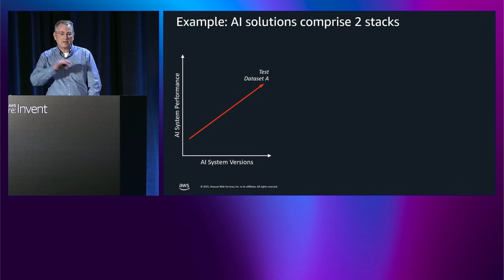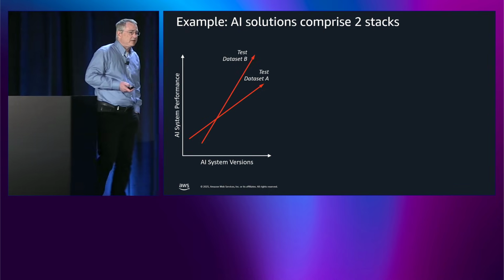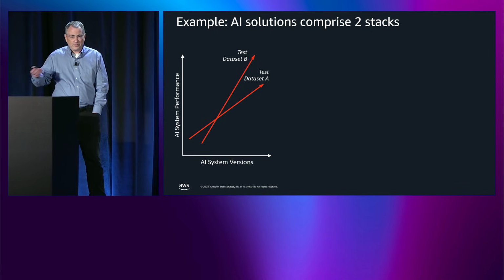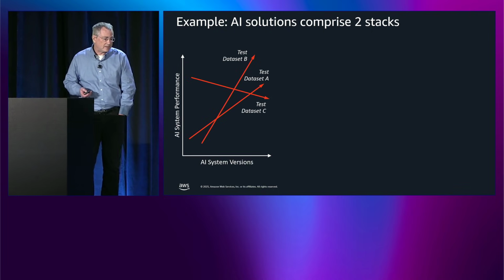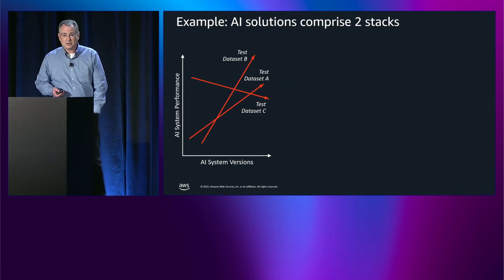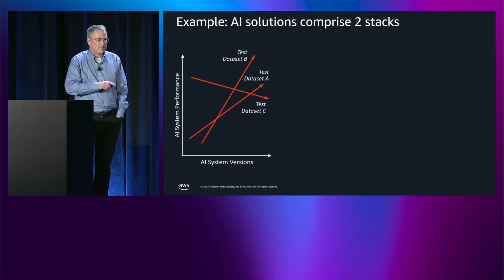You test it on some data set, maybe you get this kind of performance, but you test it on a different data set, you get a different performance trajectory, right? You test it on a third data set, and maybe it's going down altogether. Right? So performance is a function of the system and the evaluation data set. It is not a function of the system by itself.